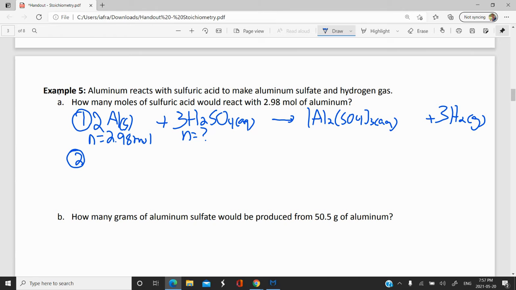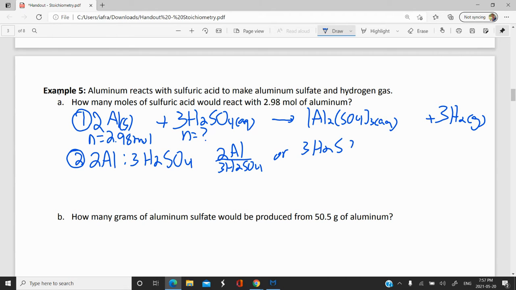So we have 2 moles of aluminum for every 3 moles of H2SO4. And you could also write that as, for example, 2 aluminums for every 3 H2SO4, or you might write it the other way, 3 H2SO4 will react with 2 aluminums.